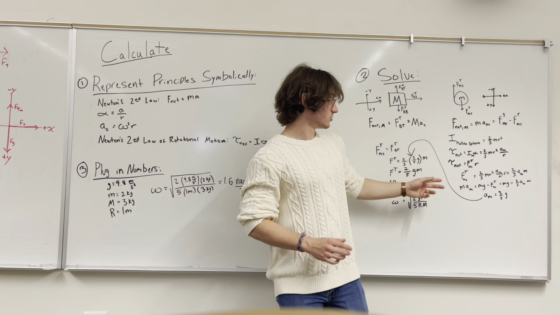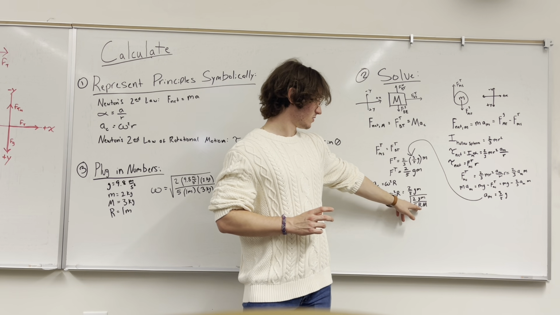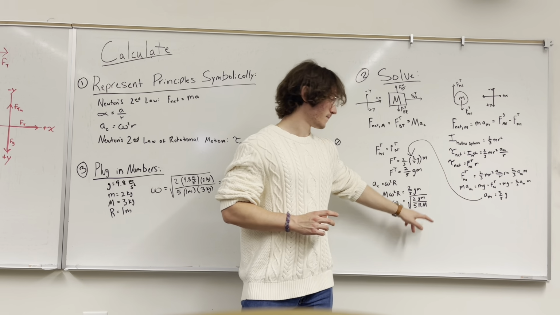And then lastly, we can use our initial representation of the net force of the big M block, and knowing that its centripetal acceleration is equal to the angular velocity squared times big R, the radius of the disk, we can calculate the angular velocity of the block as square root of 2 gravity mass of the sphere over 5 big R big M.